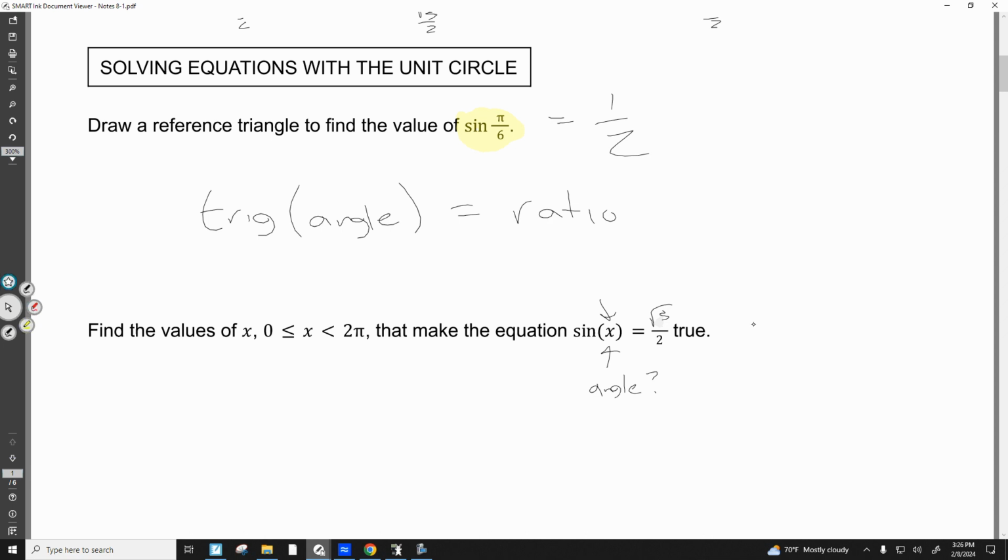You good? What do we got? What angle is the sine of the angle equal to that ratio? What do you guys got over here? You're halfway there. Oh, we like radians. You're not there. Okay.